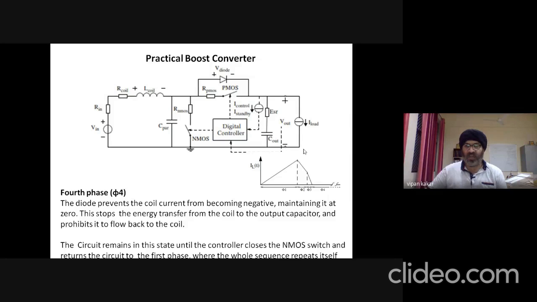So no flow of current during phase 4 until the next cycle starts again, when we switch on the NMOS switch again to start phase 1, phi 1. So very simple.